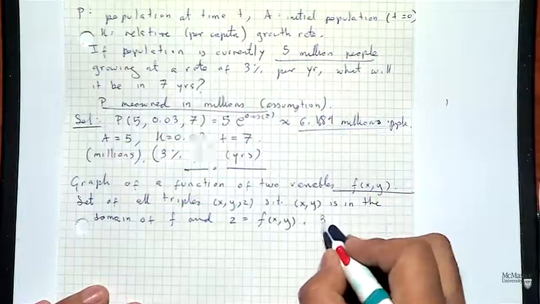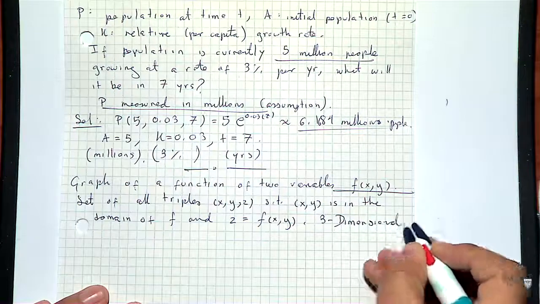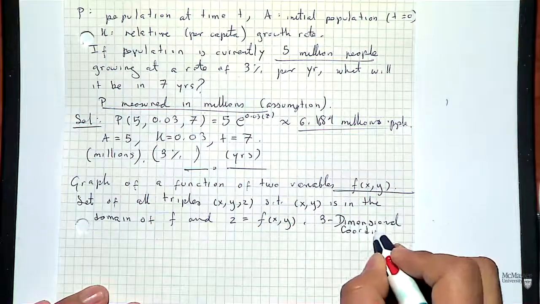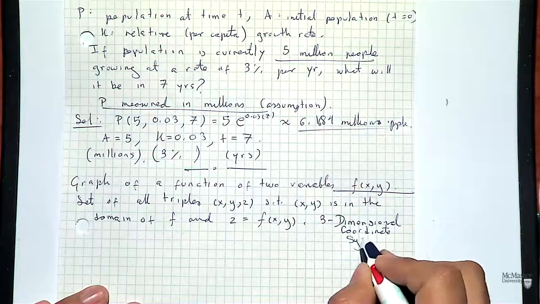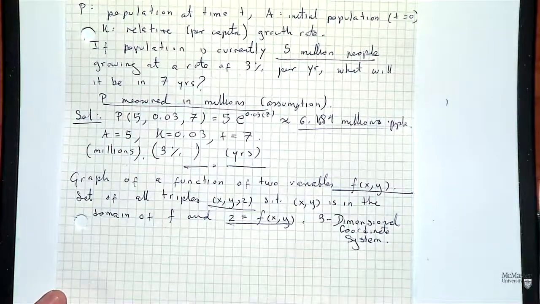So what you have in that case is a 3-dimensional coordinate system, where you have x, y, and z is representing x and y.